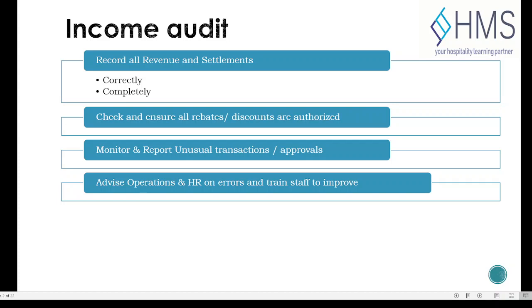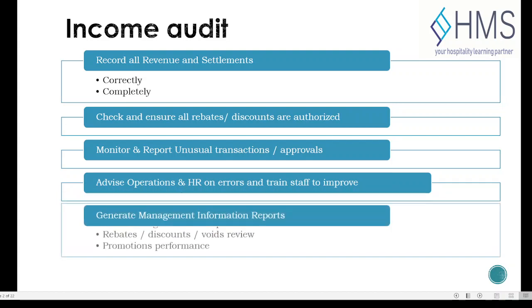For example, in cashiering, how to post the correct transactions, how to close the cashier correctly. If mistakes are happening in the system because of wrong processes by the staff, they have to train them, and make sure they are trained by third parties if required, or by HR on certain aspects of the processes.